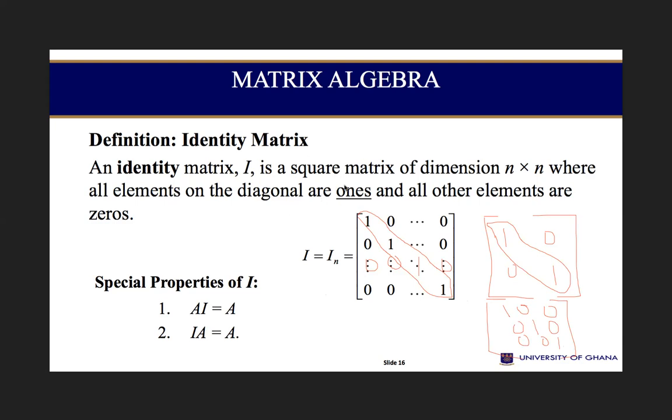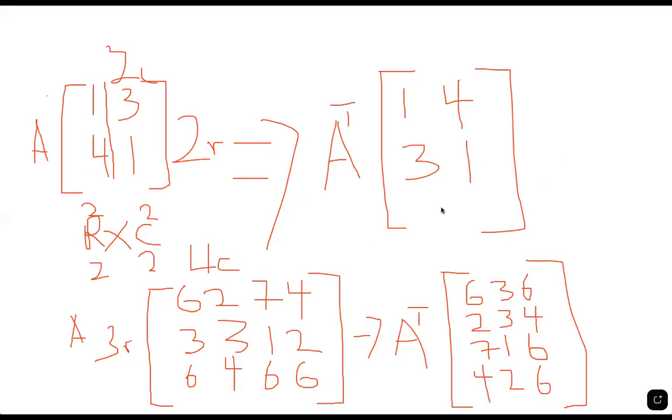So let's say we have something like this: 1, 4, 6, 1, 2, 1, 1, 1.